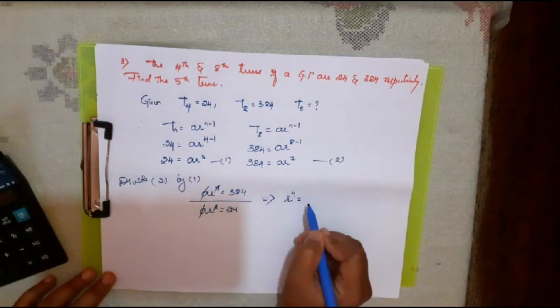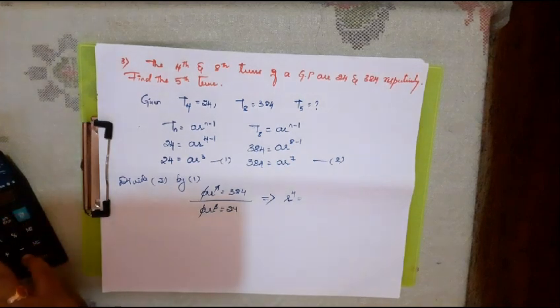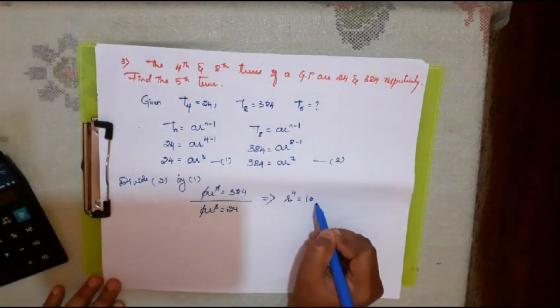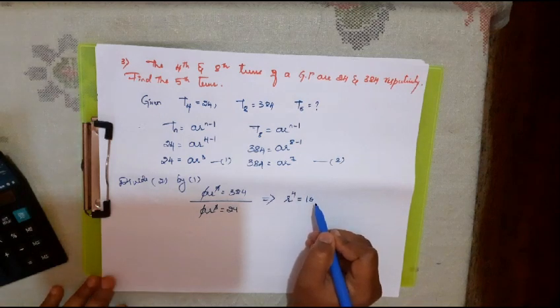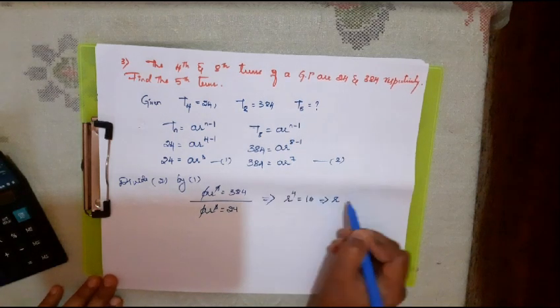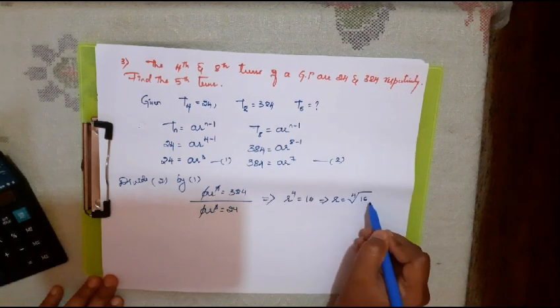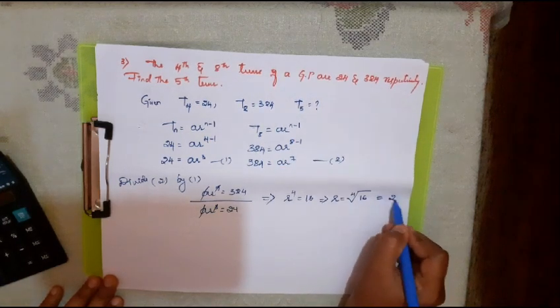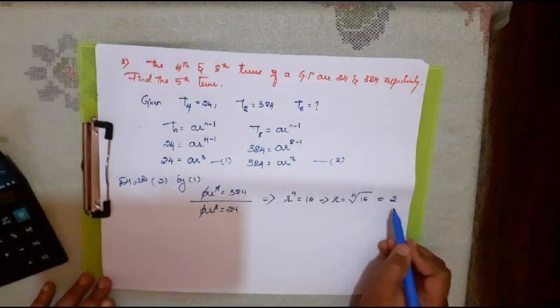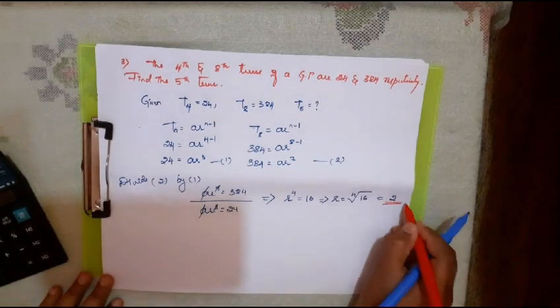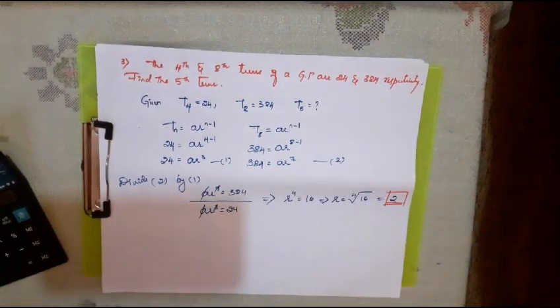So 384 divided by 24, you are getting 16. So R to the power 4 is equal to 16, and the fourth root of 16 is 2. So we got the value of R here.